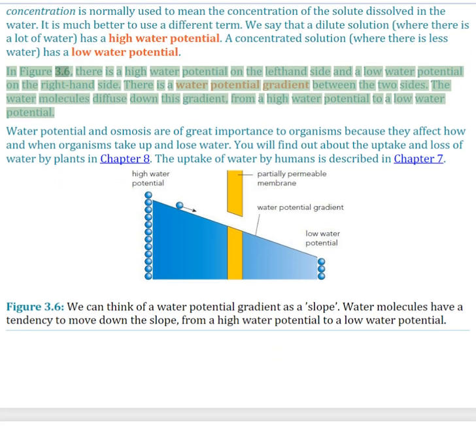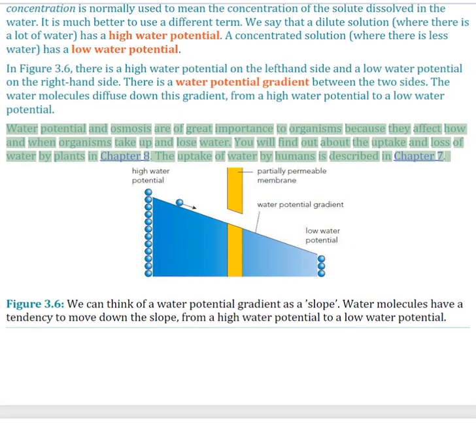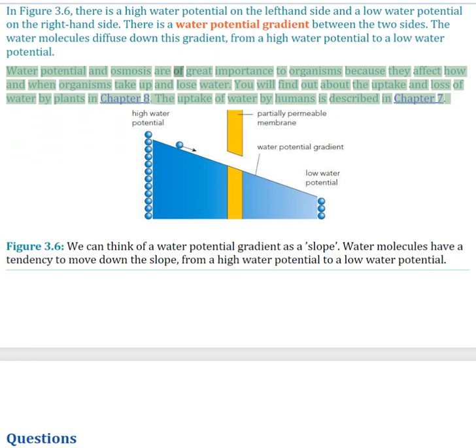In Figure 3.6, there is a high water potential on the left-hand side and a low water potential on the right-hand side. There is a water potential gradient between the two sides. The water molecules diffuse down this gradient, from a high water potential to a low water potential. Water potential and osmosis are of great importance to organisms because they affect how and when organisms take up and lose water.